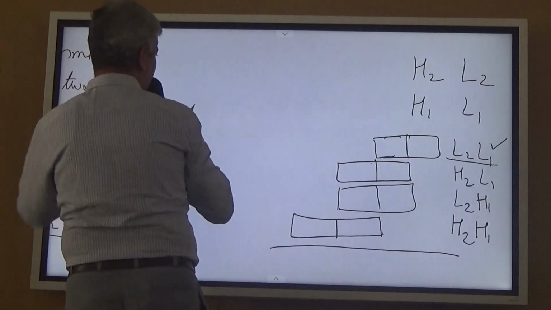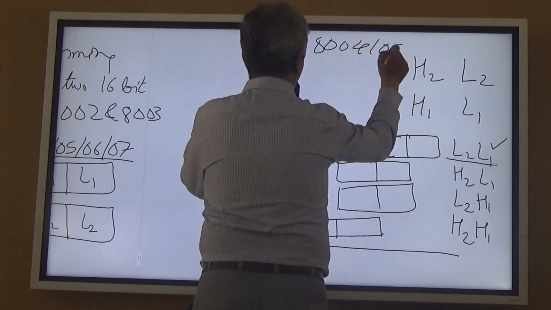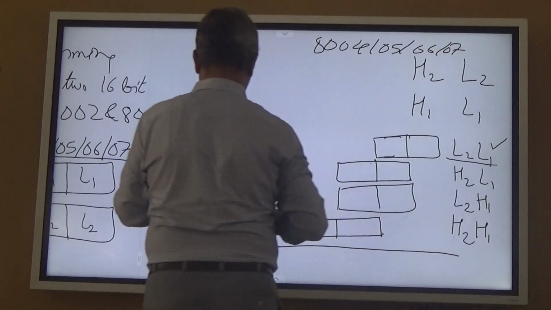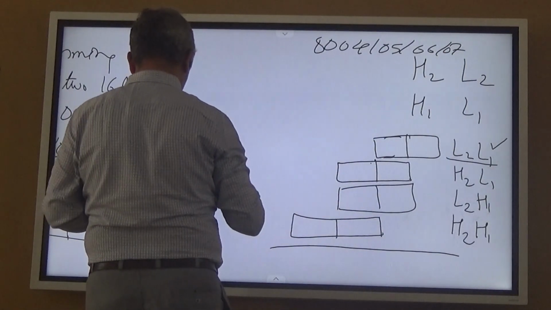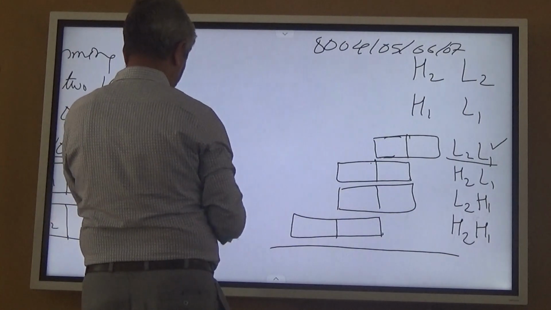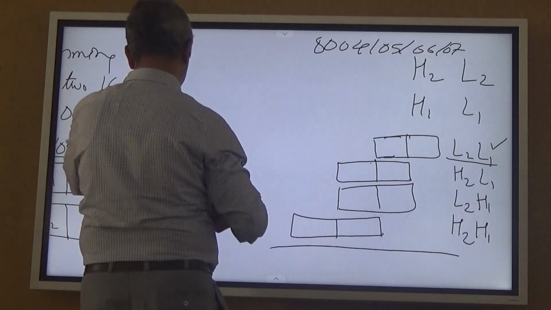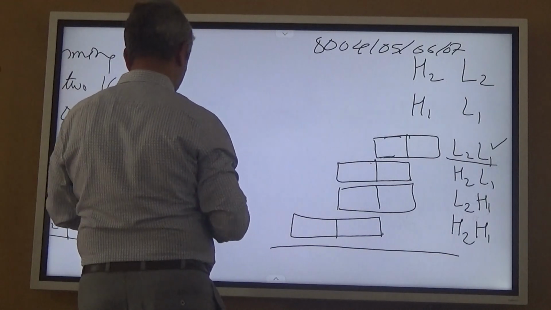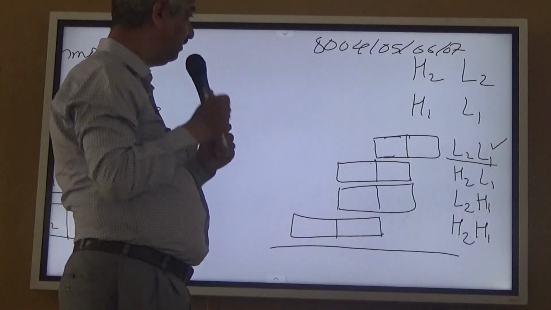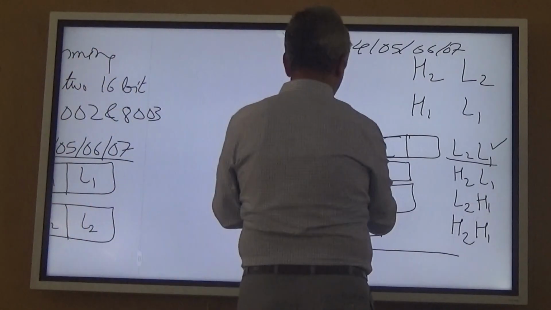The result is to be stored at 8004, 5, 6, 7. So lower byte, this is at 9000 and 9001.